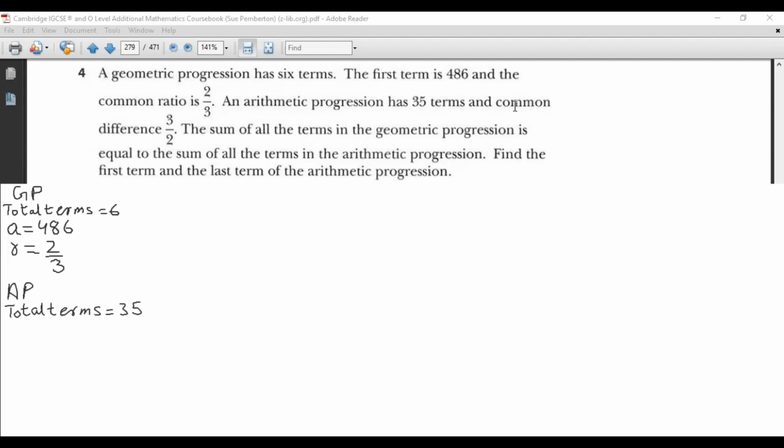Okay, and the common difference is 3/2. So D equals to 3/2 is given. Okay, so in GP the total term is 6 and in AP the total term is 35.